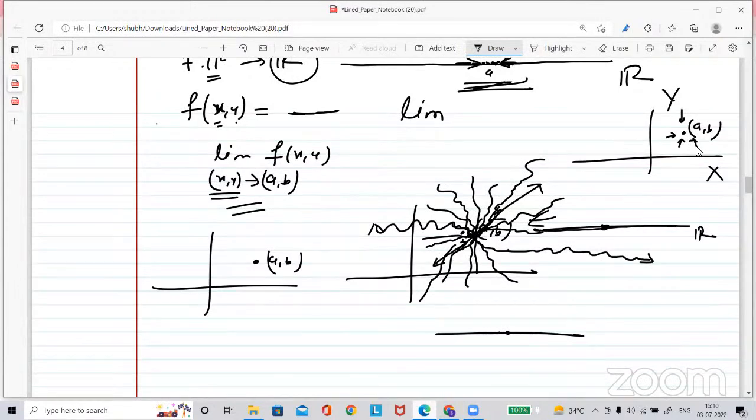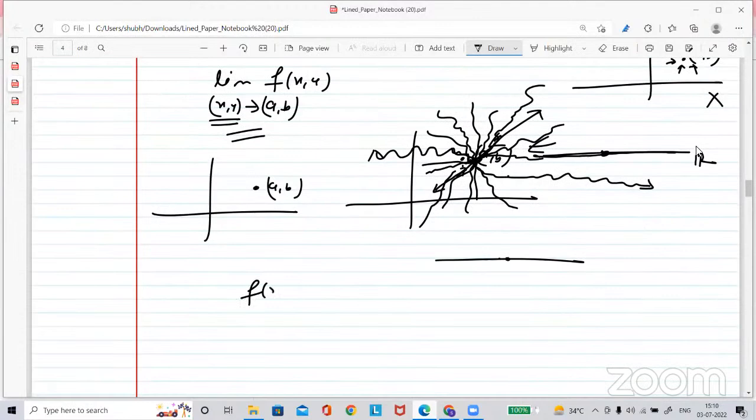Let me give an example, then it may be more clear how we are approaching. Suppose we have a function f of x, y equal to x upon x square plus y square.